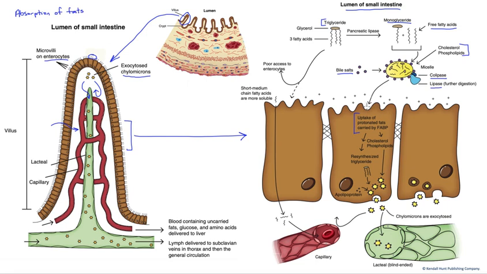They're lipids, and so they dissolve into the lipid membranes of these cells, but then have to be removed by this fatty acid binding protein. This allows us to deliver them into the aqueous cytoplasm for further processing.